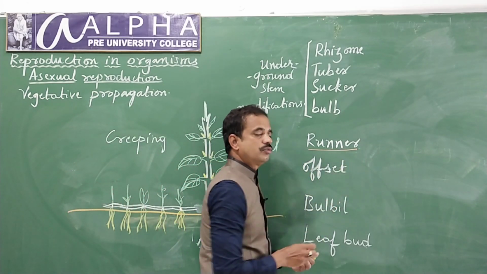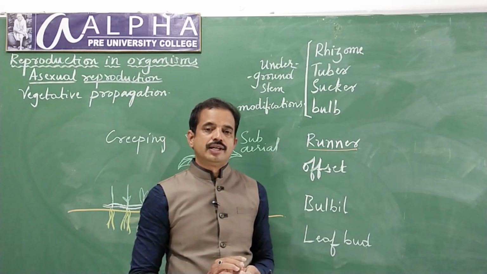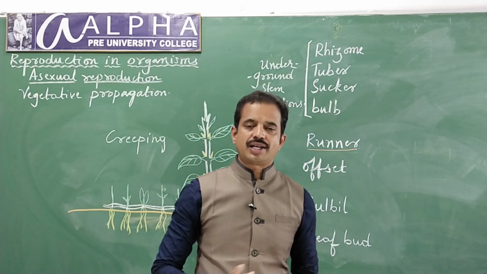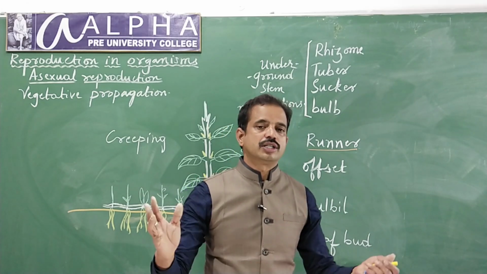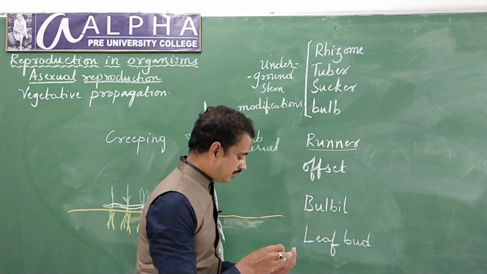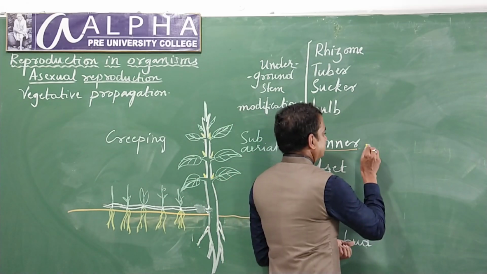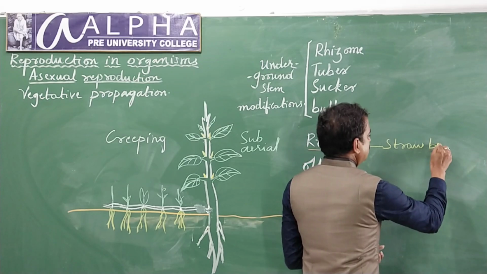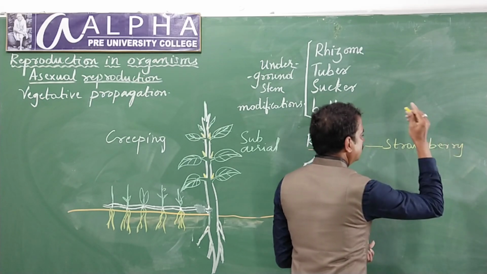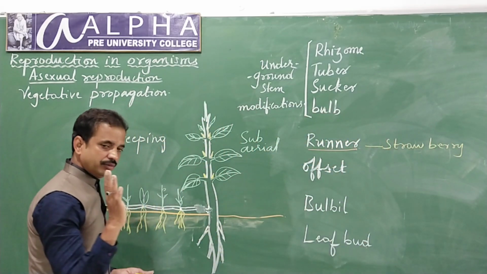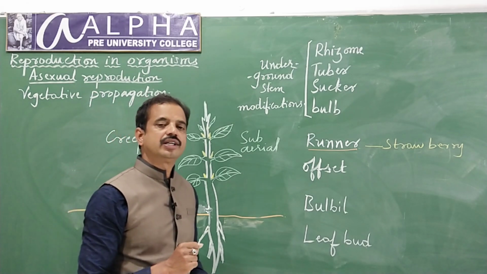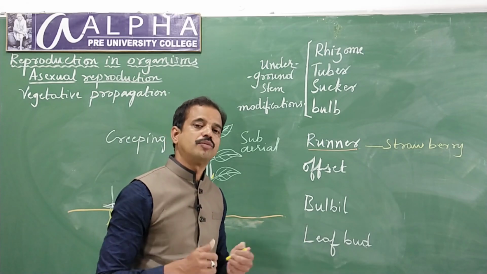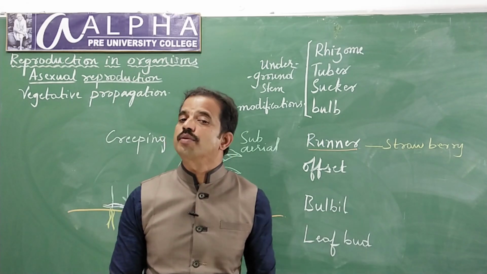What is runner, students? Runner is a subaerial, thin, slender, creeping branch which helps in vegetative propagation. An example of runner is strawberry. So you have a very clear idea what a runner is: a subaerial stem modification helping in vegetative propagation.